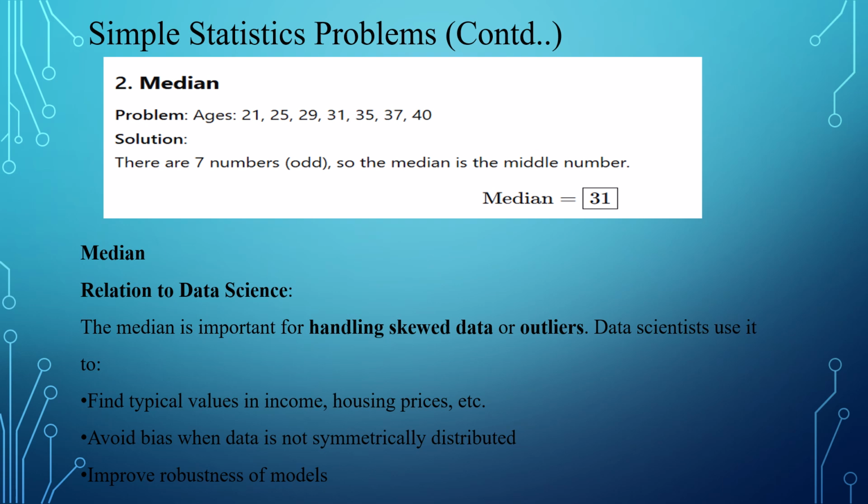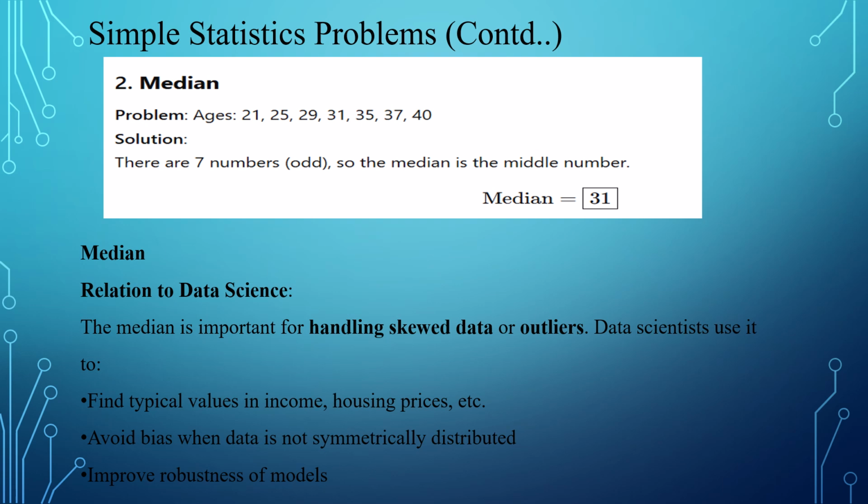Suppose we have 8 numbers, which is even. Then we take the fourth and fifth values, add them, and divide by 2. The resulting value is what we call the median.